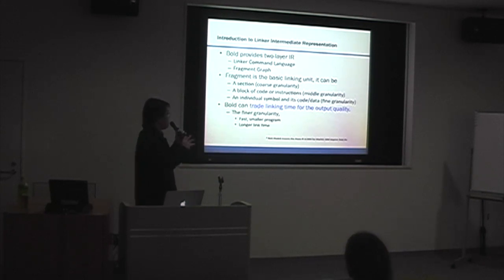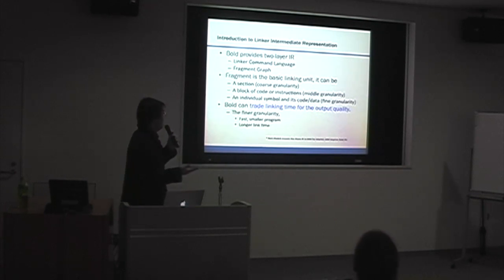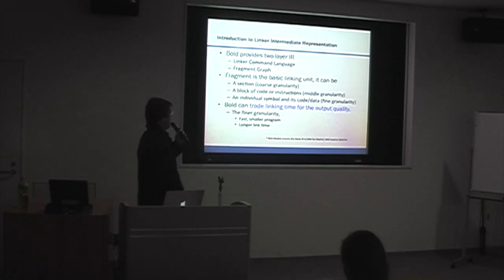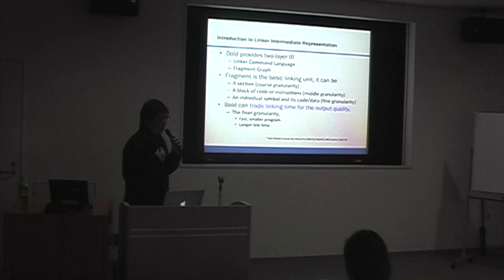And what is a fragment? A fragment is the basic linking unit of Bold. It's just a block of instructions or a block of data. It may be a section, a block of code or data, or just an individual symbol of code and data. We wish to be able to trade link time for output quality.